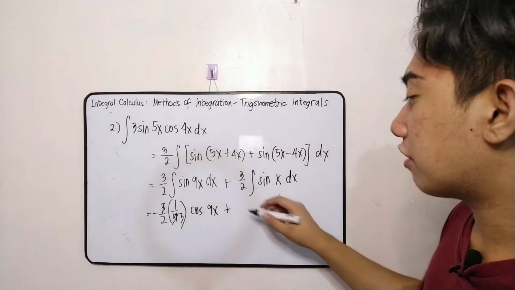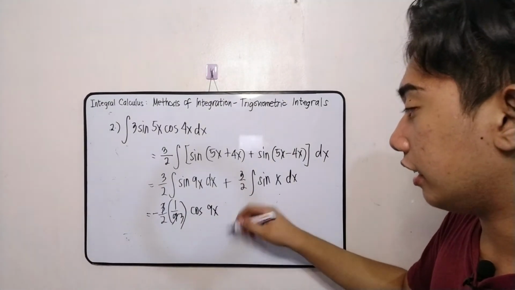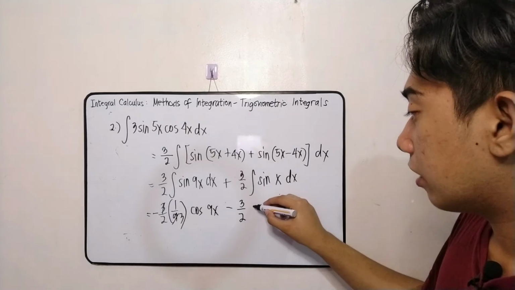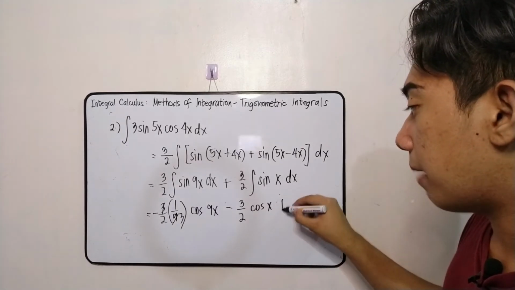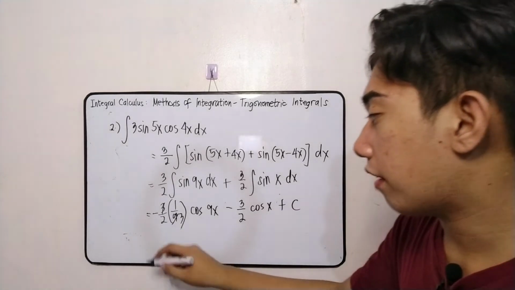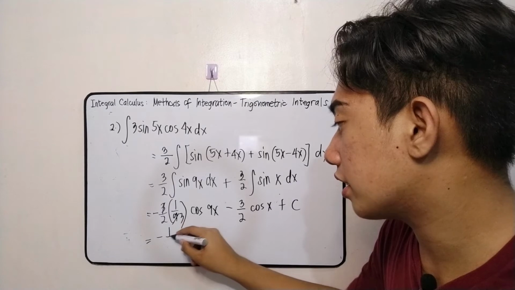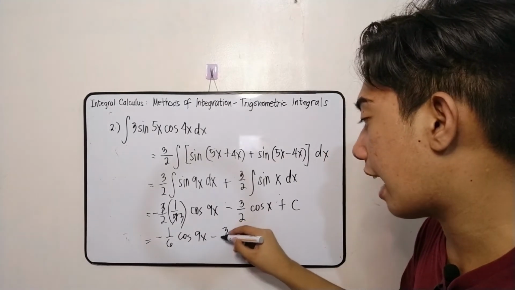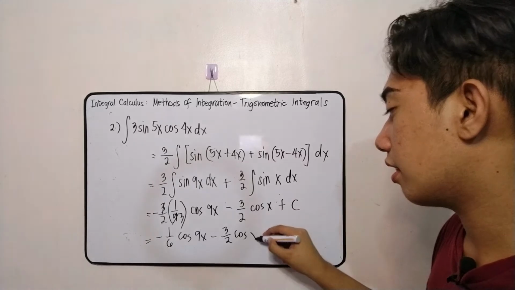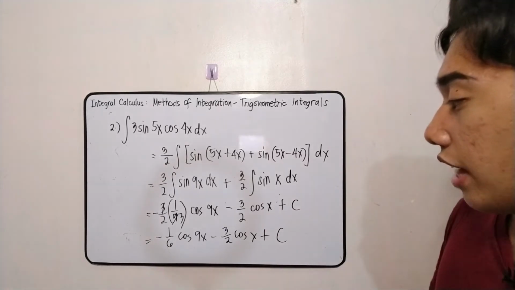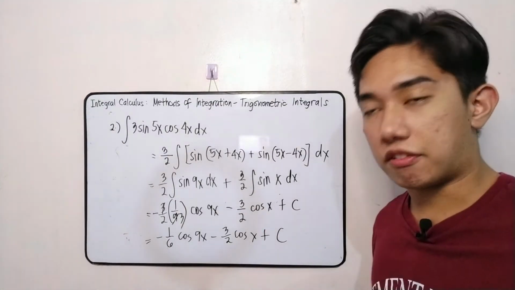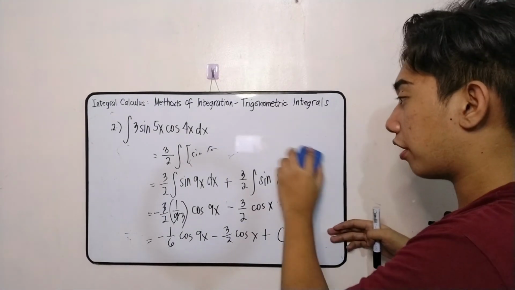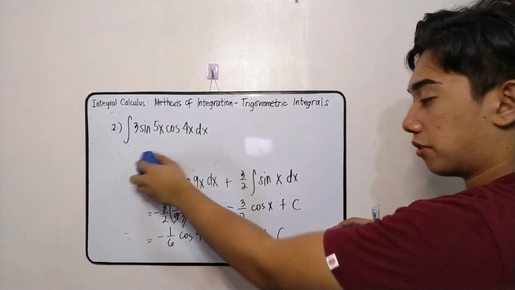Plus 3/2, ito normal lang siya, minus na nilalagay natin dito. Minus 3/2 cosine x plus c. So to simplify this one, this becomes negative 1/6 cosine 9x minus 3/2 cosine x plus c. Then, to further simplify, we need to factor out the common factor for both terms.